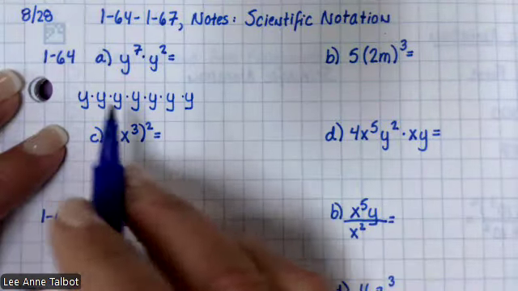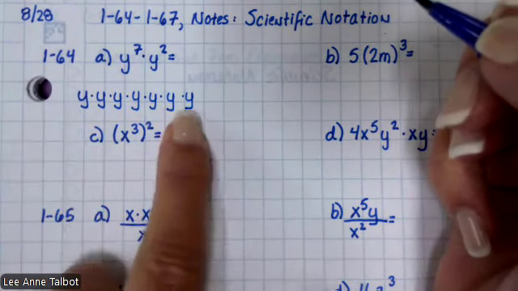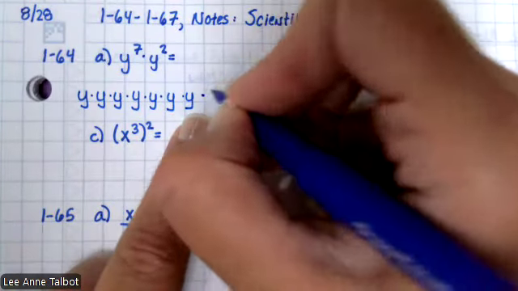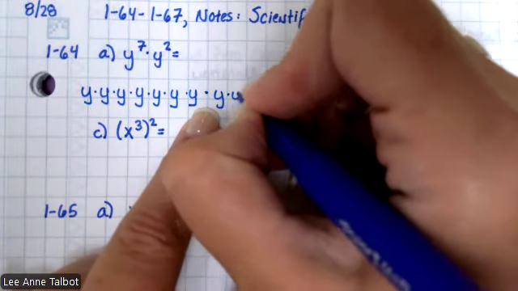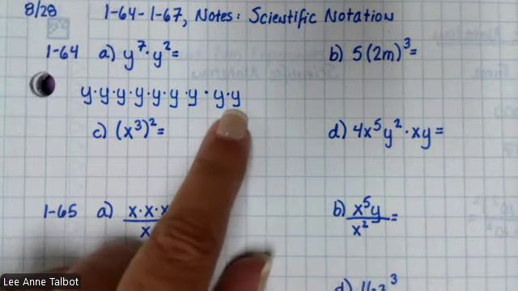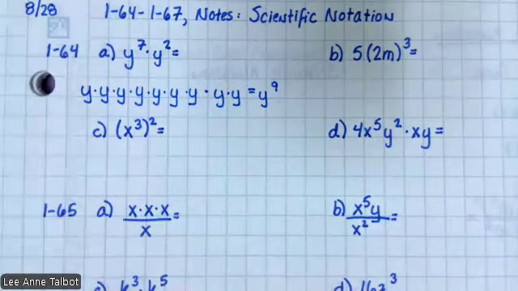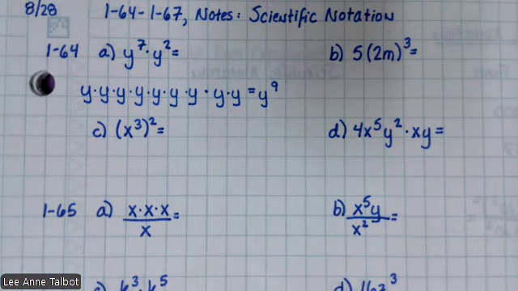There's y to the 7th, and then times y times y. Y to the 7th times y squared is y to the 9th. And I'm really trying to make sure you don't put y to the 14th, or 2y to the 14th. Really trying to head all of that stuff off at the pass.